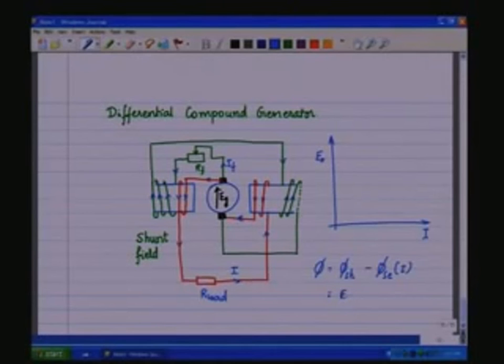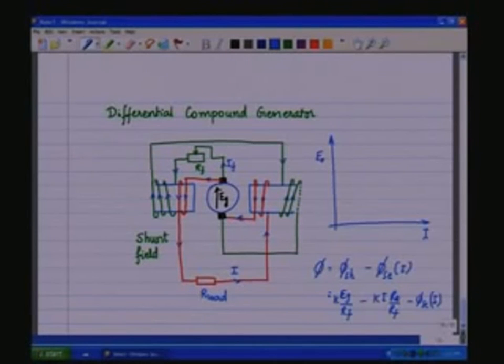So, which is proportional to EG by RF minus K I into RA by RF minus phi series, which is a function of load.